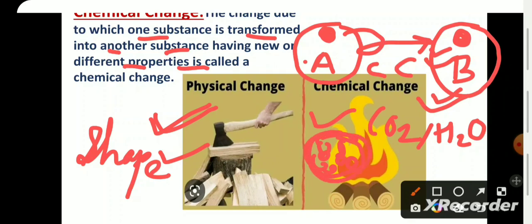So here, after the chemical reaction, that is burning of wood, a new substance, that is ash, is formed. So such a type of change is called chemical change. It is also an irreversible change.